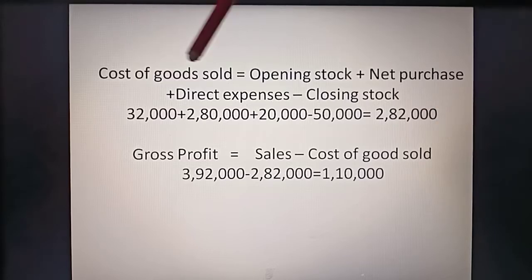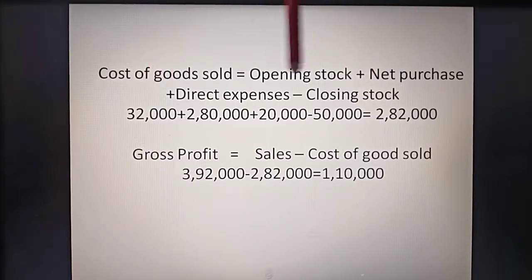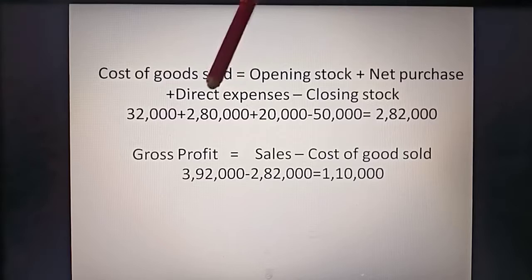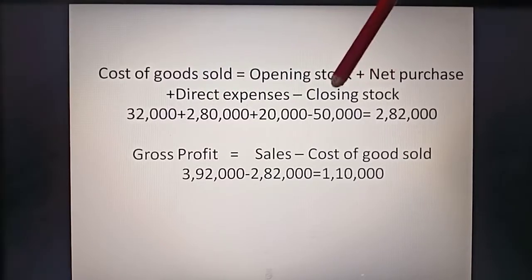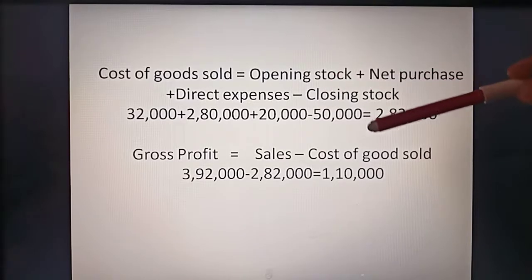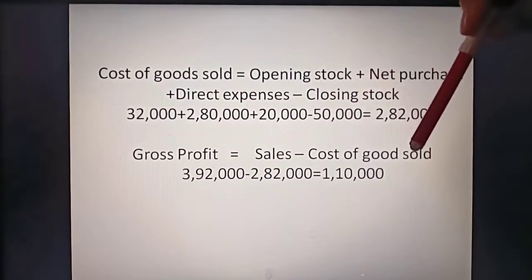The formula of cost of goods sold: opening stock plus net purchase, where net purchase means purchase minus purchase return, plus direct expenses minus closing stock. In the question, opening stock is 32,000, net purchase is 2,80,000, direct expenses is 20,000, and closing stock is 50,000. So you will get cost of goods sold of 2,82,000. Now you have to calculate gross profit. Gross profit is equal to sales minus cost of goods sold.